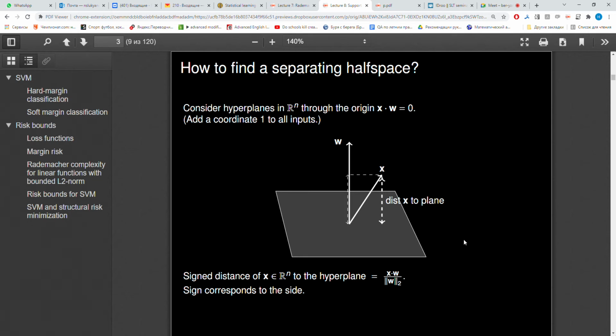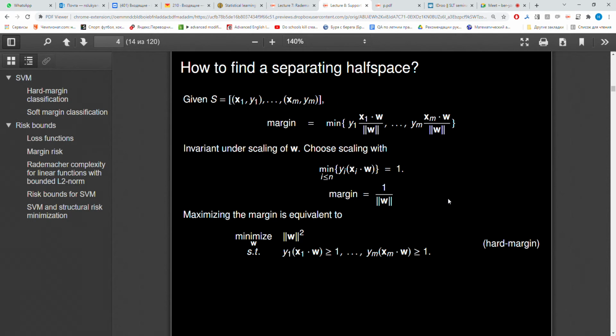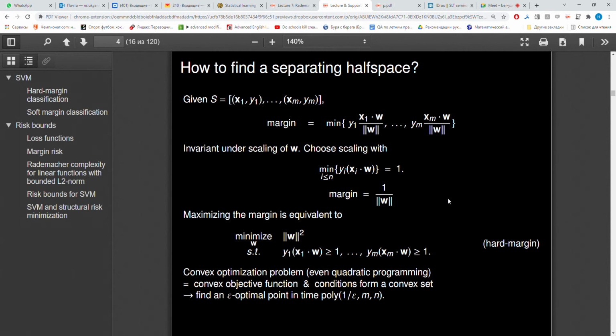we can say the following thing. We want to find the best possible vector W, so that it will define the best hyperplane that will divide our positive labeled elements and negative labeled. So it can be rewritten as a kind of complicated problem.